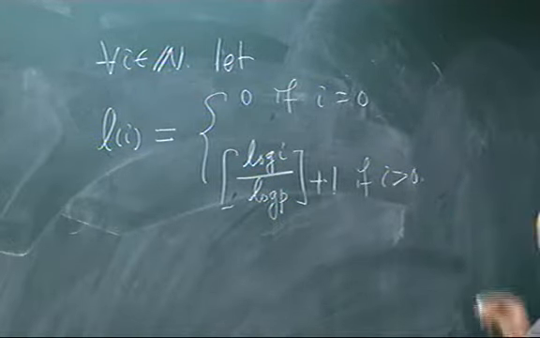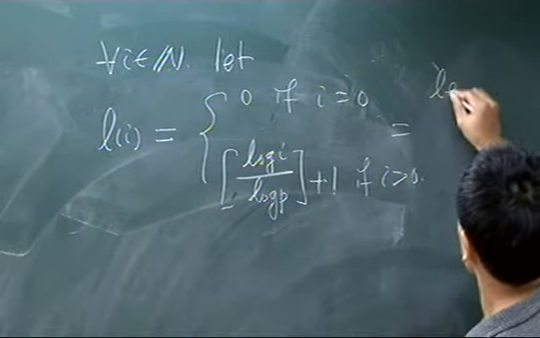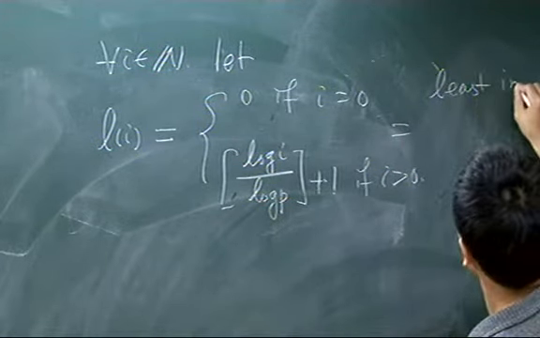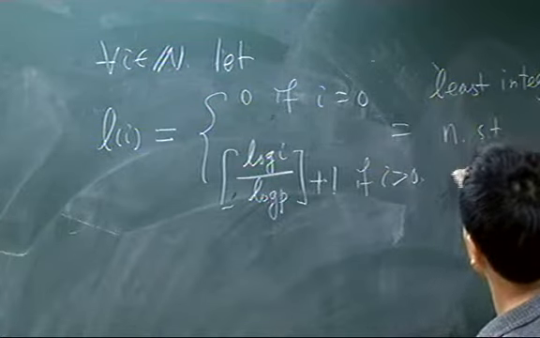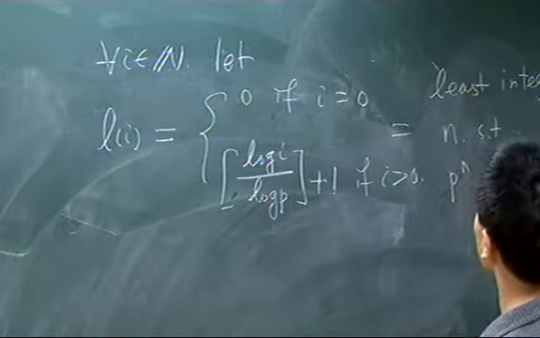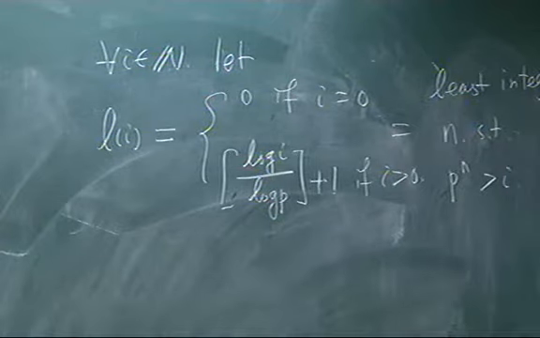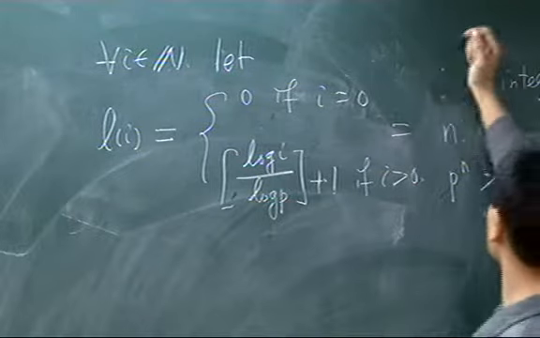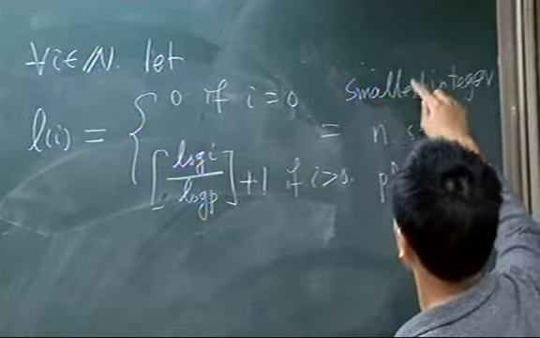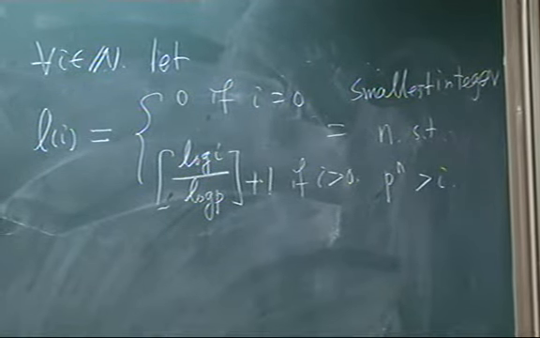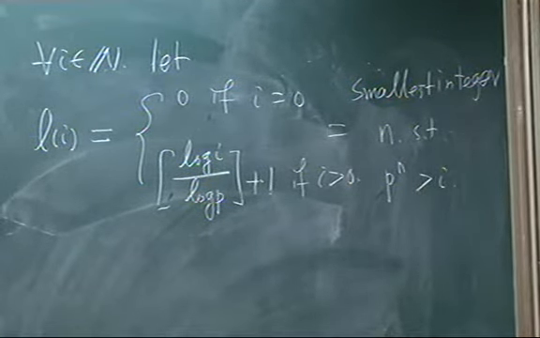So what is this? This is the least integer n such that p to the n is bigger than i. So this smallest integer such that p to the n is bigger than i, we just let L(i) be this.